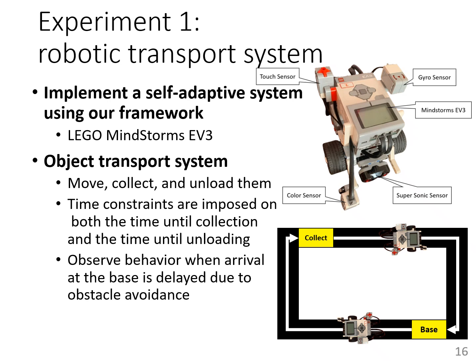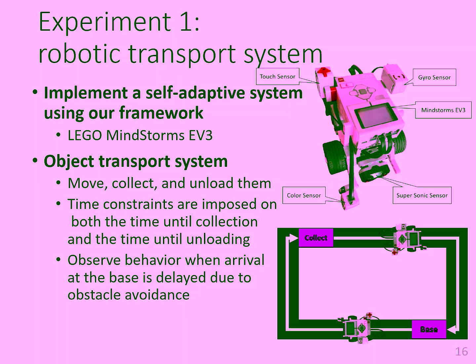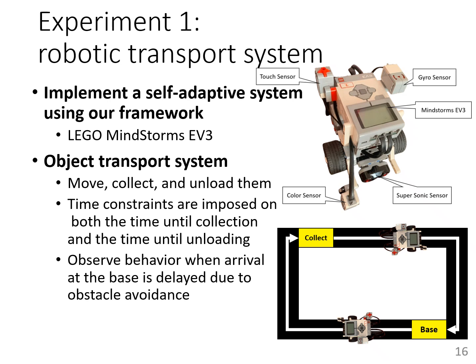Time constraints are imposed on both the time until collection and the time until unloading. We observed the behavior when arrival at the base is delayed due to obstacle avoidance.